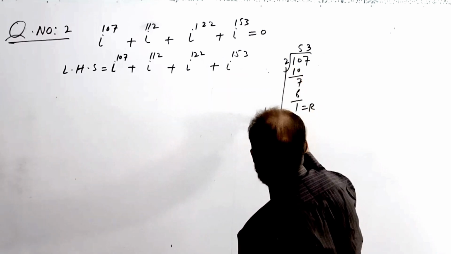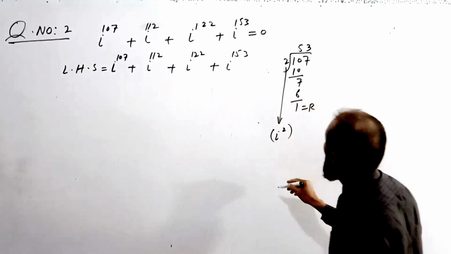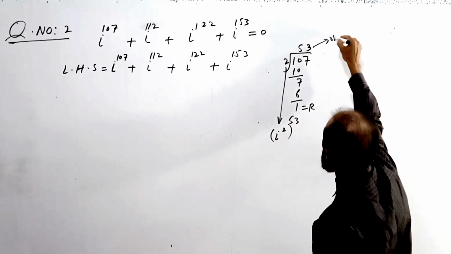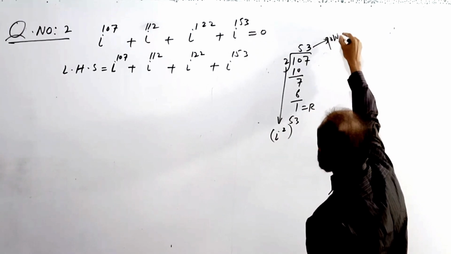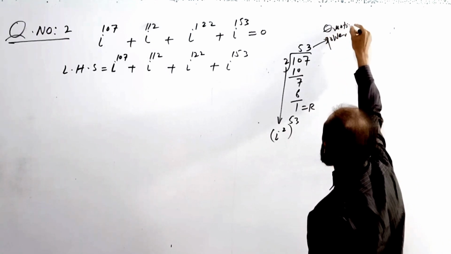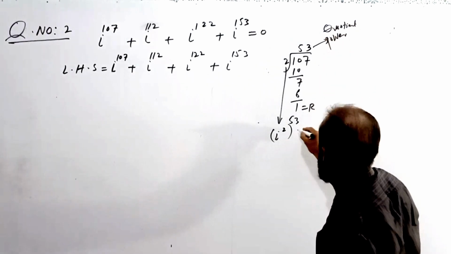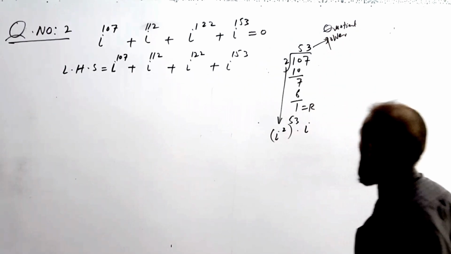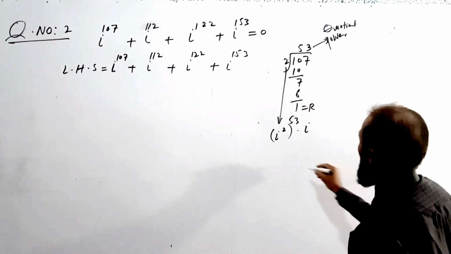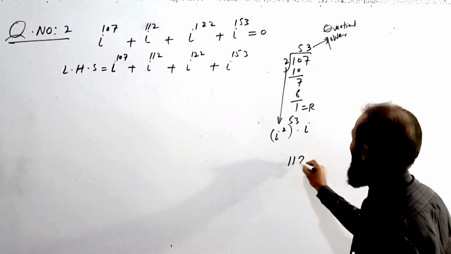So we can write iota square, exponent 3, this will be power. Here this is also a quotient, but we change it into the power. So the remainder is multiplied by 1. Now the second term, 112.